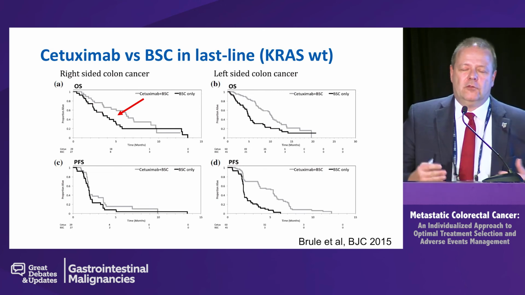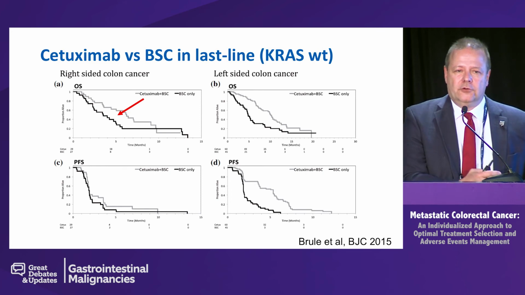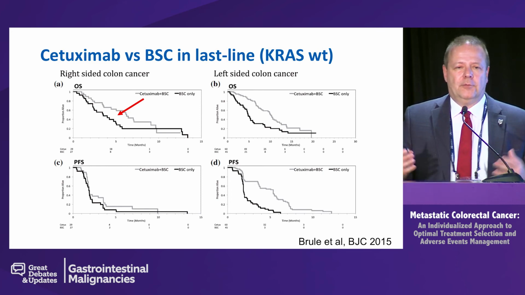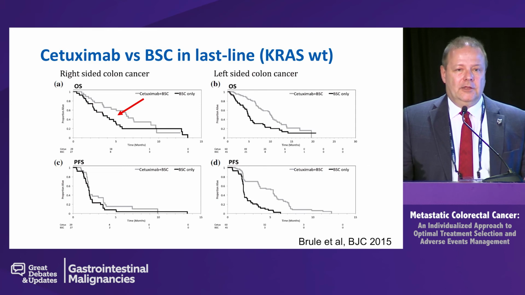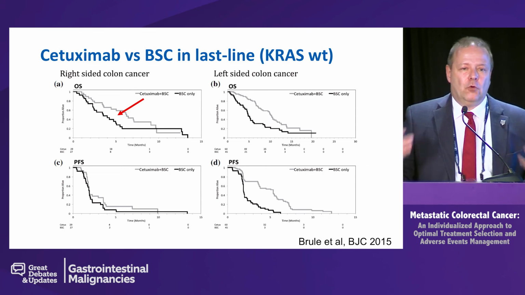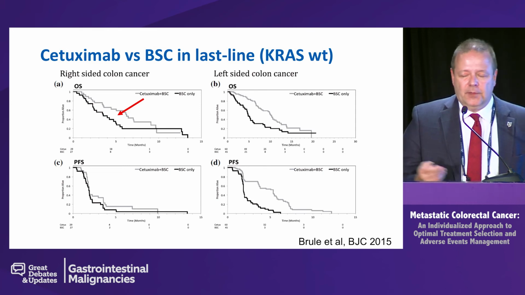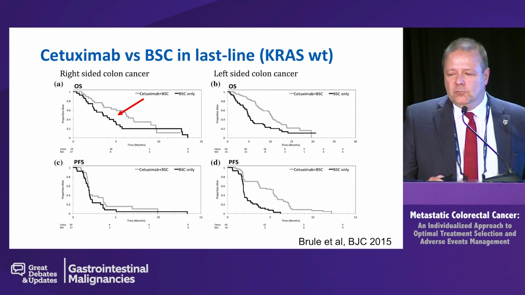But I would not use EGF receptor antibodies early in the treatment. But if a patient asks me, so do I really not have a chance to respond? I have a right-sided tumor, but it's BRAF and RAS wild type. Are you sure you can't give me EGF receptor antibody therapy? Of course I use it because I want to give my patients a chance to benefit.